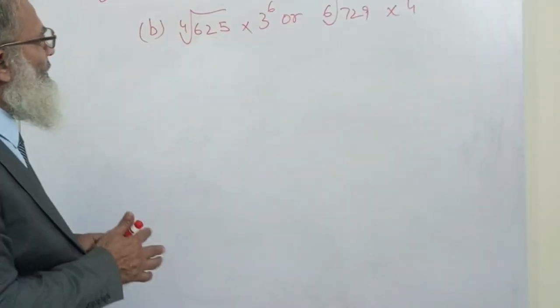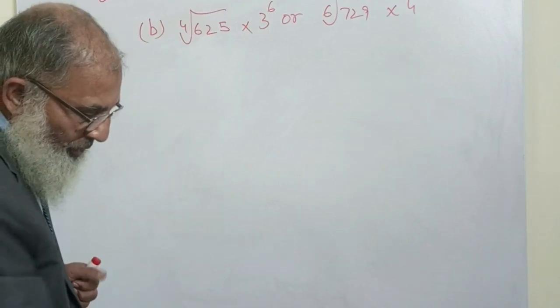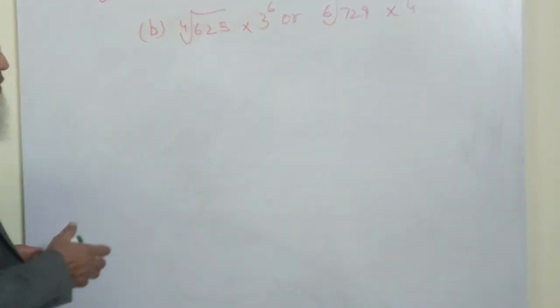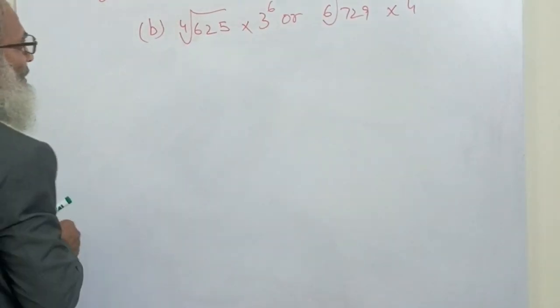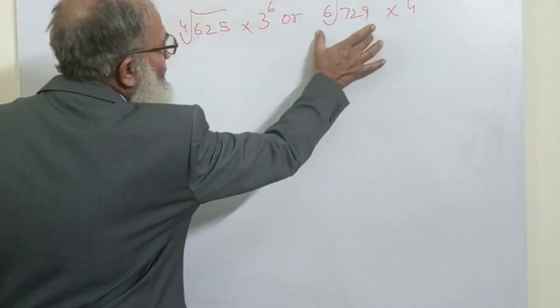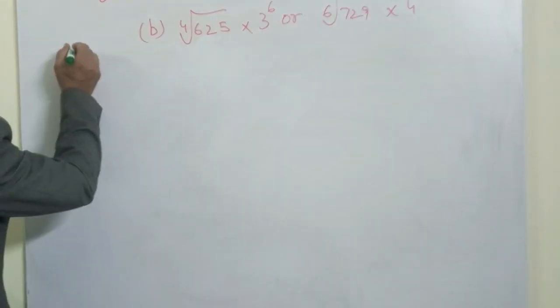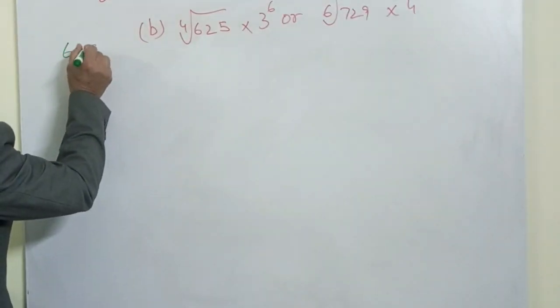Now I do it. If you are allowed to use a calculator, you can do this part and this part with the calculator, otherwise you have to find it there.